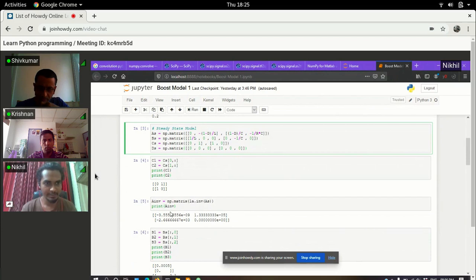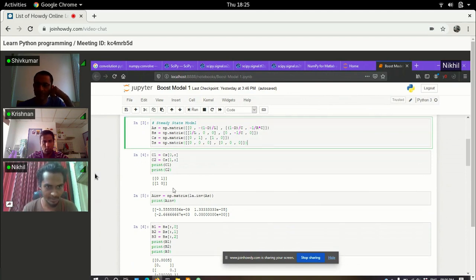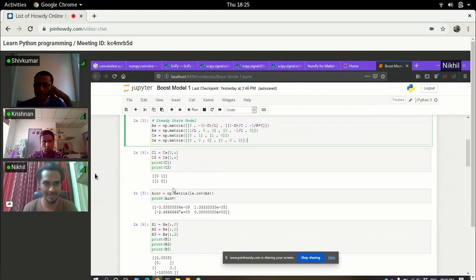Even in the NumPy documentation they have mentioned that it is preferable to use arrays rather than matrix, because in further updates they will be eradicating this method. But since I am familiar with MATLAB and Octave, I was familiar with this syntax. So for the first run I am using this matrix form, but we will modify it.